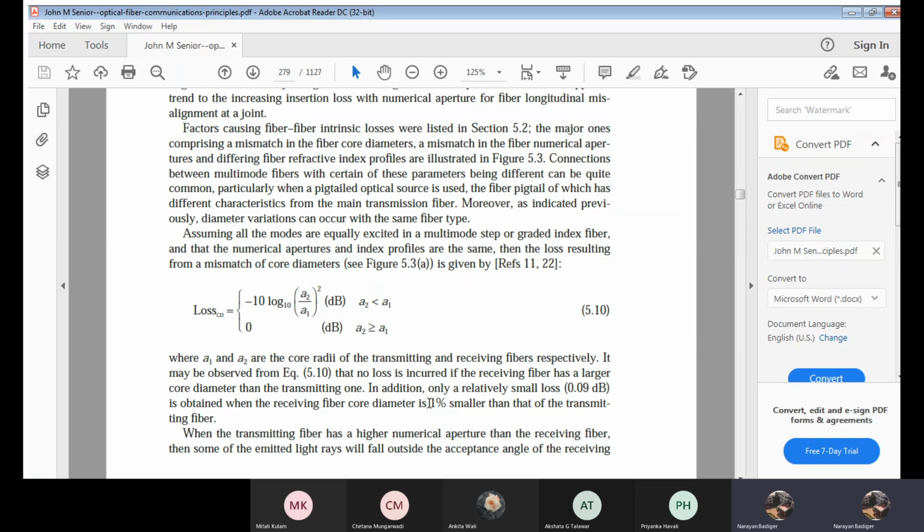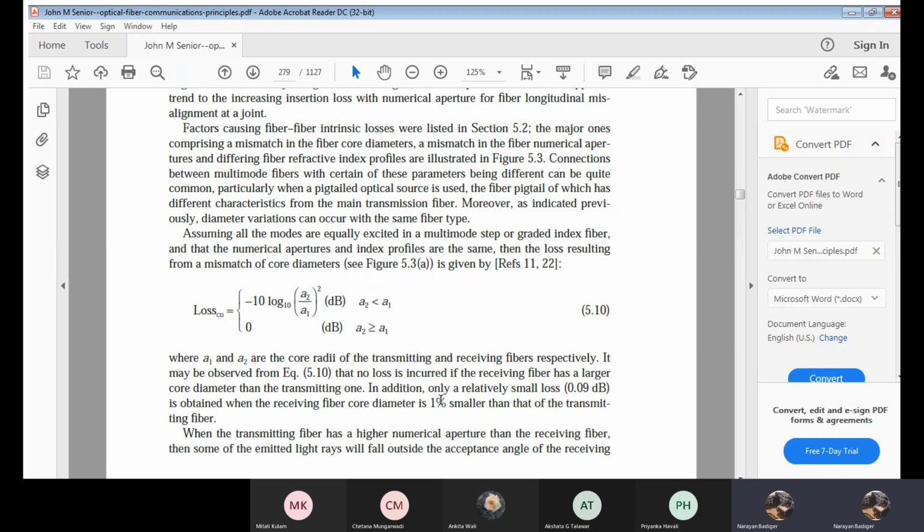We have two sets of equations over here. It means the loss which results from mismatch of fiber diameters. Here we have two different radii, A1 and A2. A1 is the radius of the transmitting fiber and A2 is the radius of the receiving fiber.